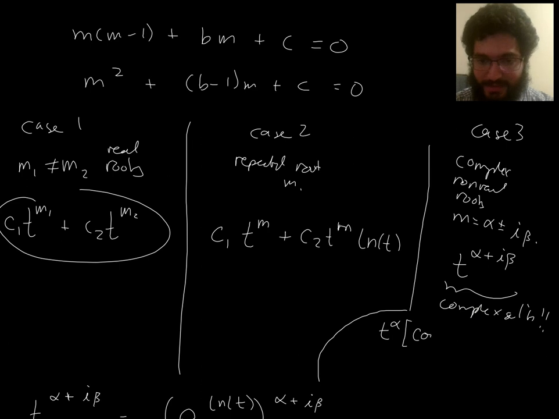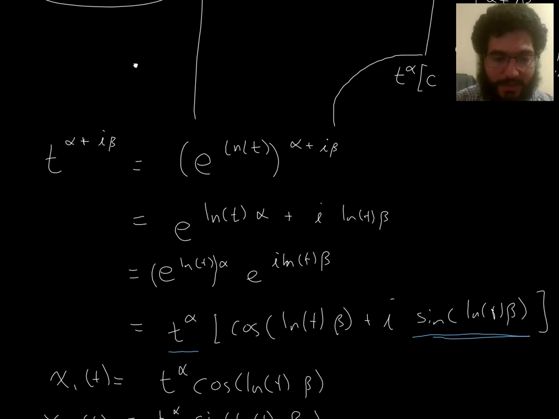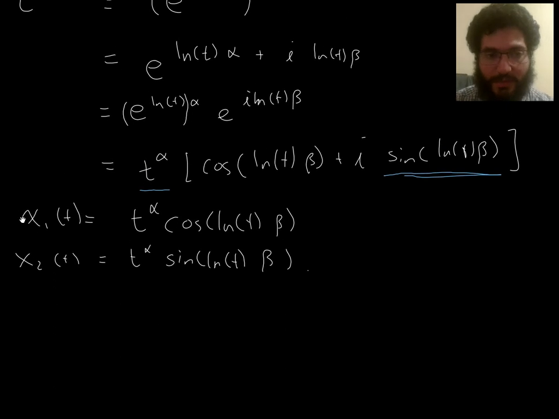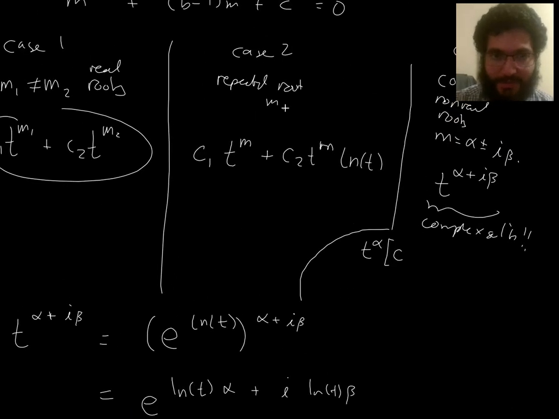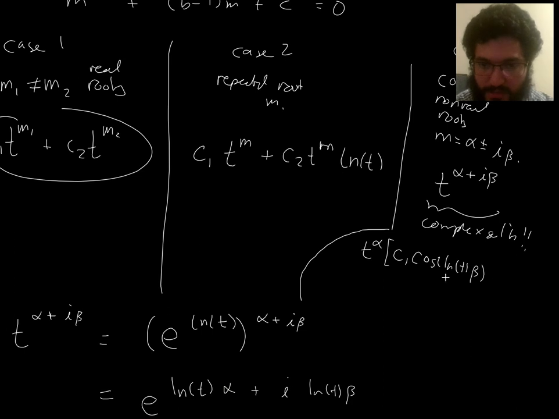What I'm going to write is a linear combination of these two, like c1 this plus c2 that, and then I'm going to pull out the overall t to the alpha just to take up less space. So in case 3 I get t to the alpha all times c1 cosine ln t times beta plus c2 sine ln t times beta.